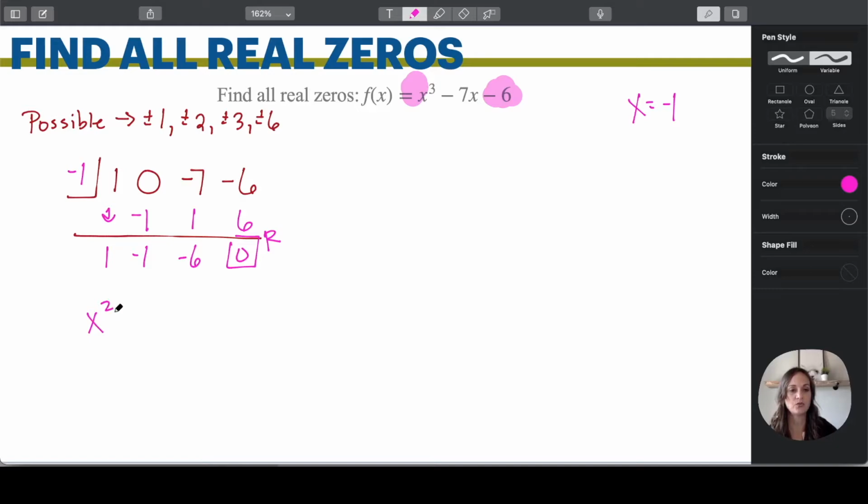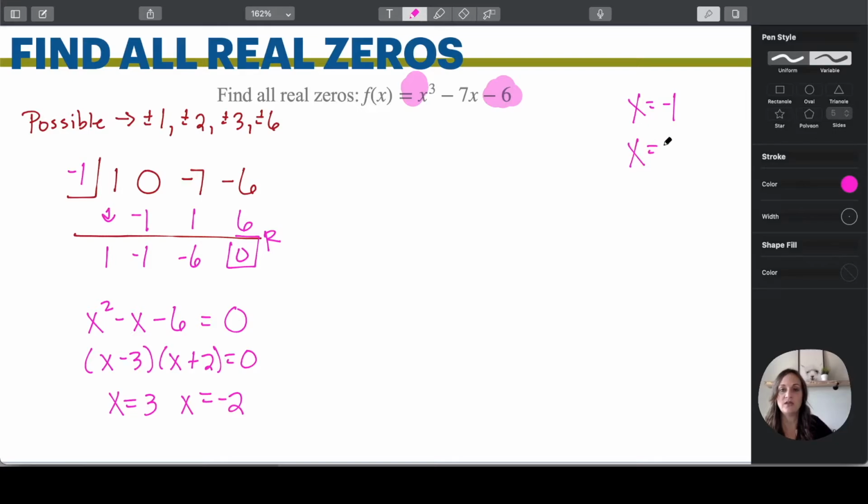So if I was to rewrite this as a quadratic, this is something that can be factored. And this factors into x minus 3 and x plus 2, because negative 3 plus 2 is negative 1x, and negative 3 times 2 is negative 6. So whenever we actually solve these, we will get 3 and negative 2. So we know that x equals 3 and x equals negative 2 are our other zeros. And we have found all 3 zeros.